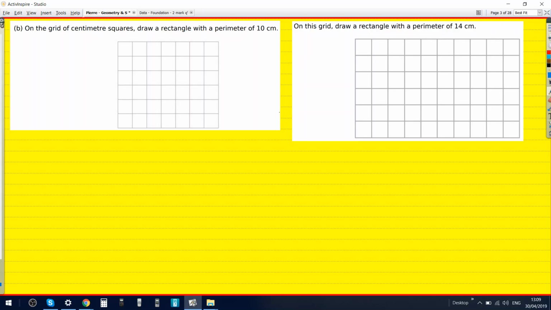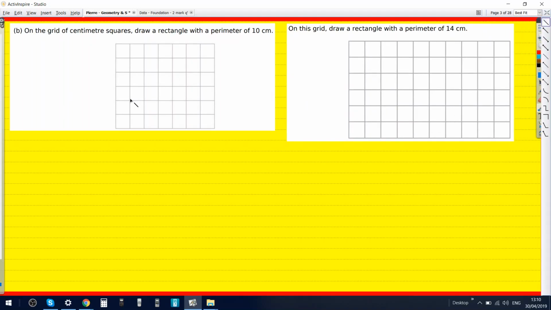So the trick for these is to first draw half a rectangle. So half a rectangle will be a square. No. So just half of the rectangle. What would be the perimeter for half of the rectangle? It would be 5. And so how could you draw that? So it would be 4 along, 4 down.